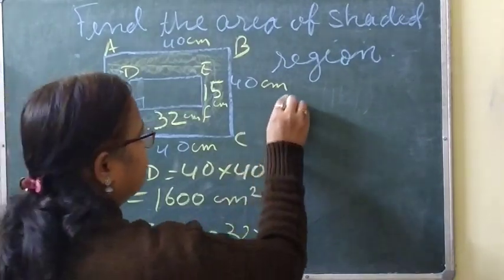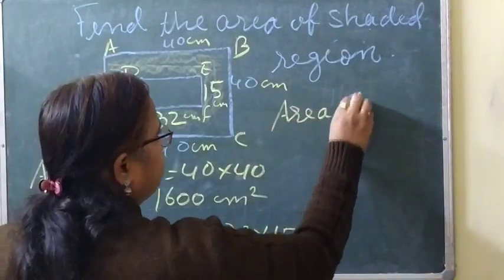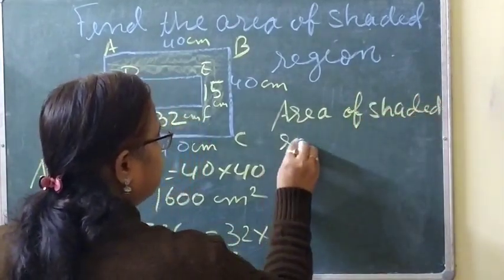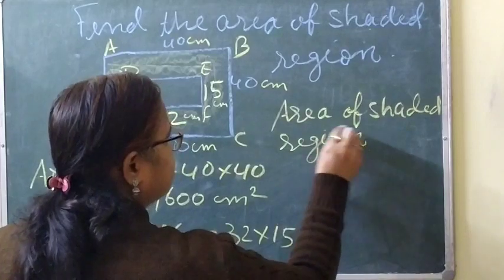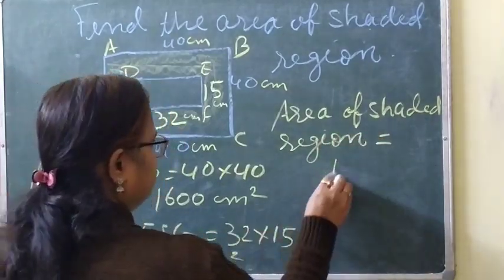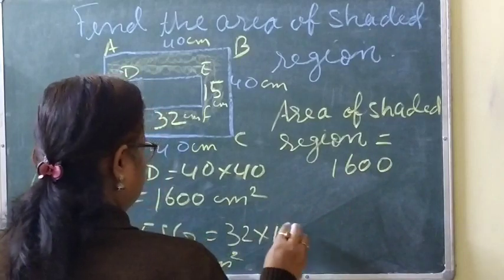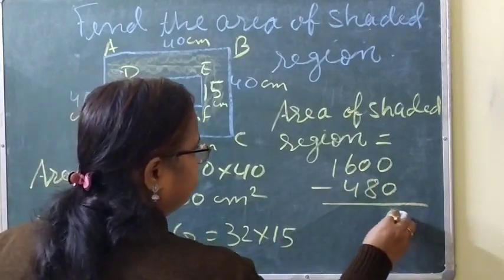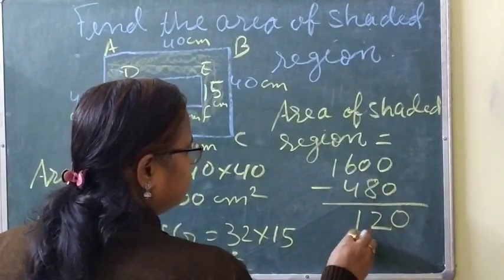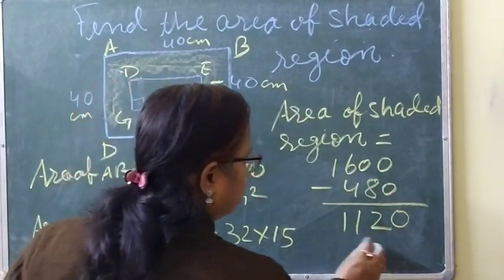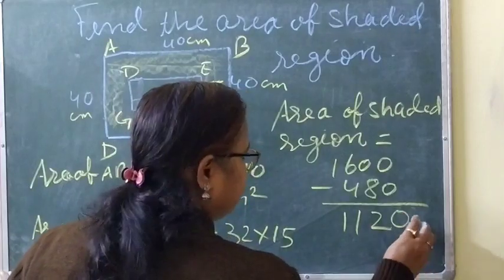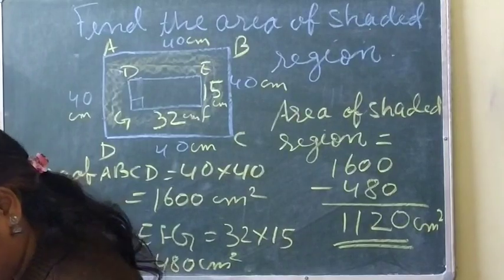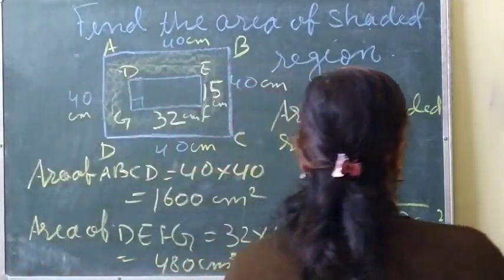Then we will write area of shaded region is equal to 1600 minus 480, centimeter square. This will be the answer.